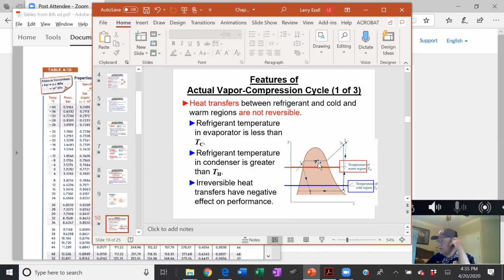We just have to know this pressure or temperature and look up the hf, and we've got it. And not only that, when we look up this hf here, that's h3 and it's also h4. But then when we get to state 4, we have to calculate the quality.